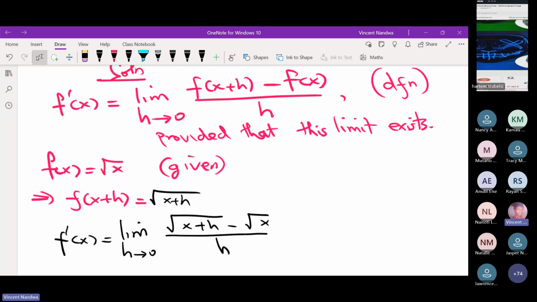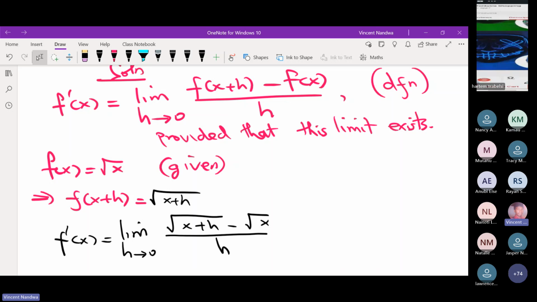Now you see the problem reduces to what we were doing last time on computation of limits. If you do direct substitution, what do you get? What will be the value for the numerator if you directly substitute h for 0? Numerator will be 0.